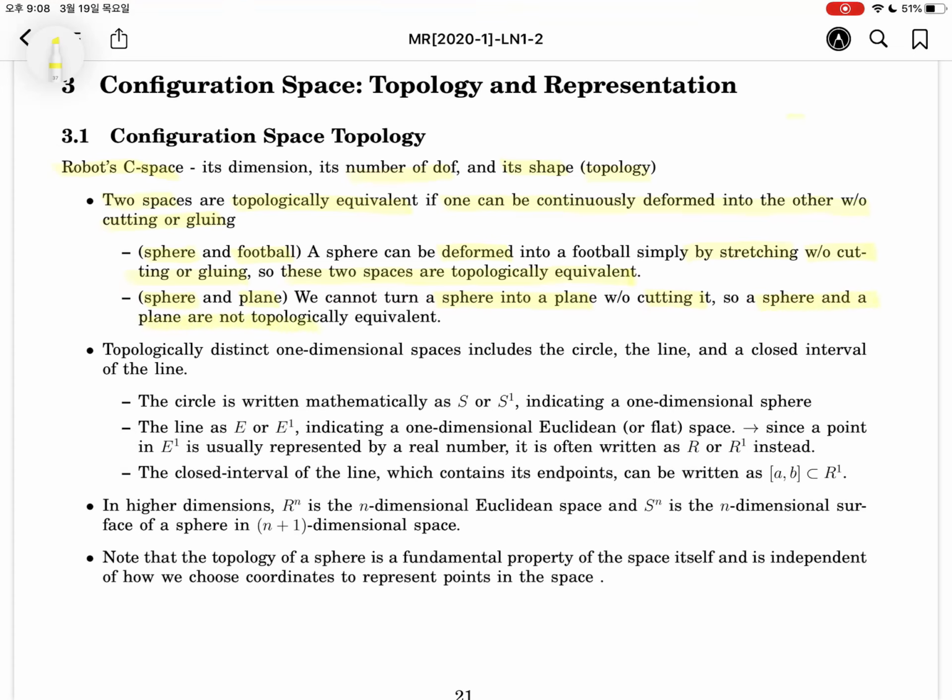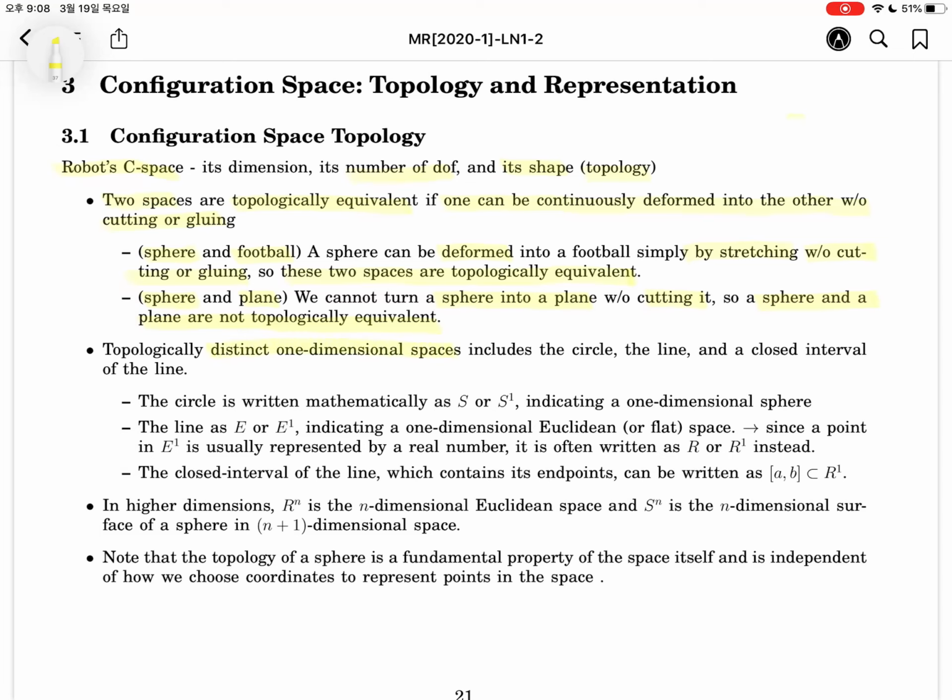In this case, the sphere and the plane are not topologically equivalent. In the mathematical way, the sphere will be denoted by S and the plane will be denoted by R1, R2 and R3. So those are different from each other.